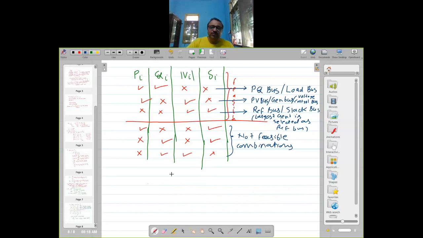These are not feasible combinations. Why are these not feasible combinations? For example, I am saying that I know P_i and delta_i, and I can have the unknown as Q_i and V_i. But as you can see, if we have seen in the circle diagram also, P and delta are closely related.